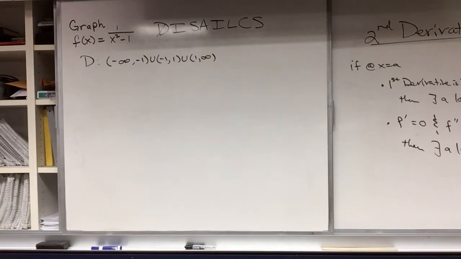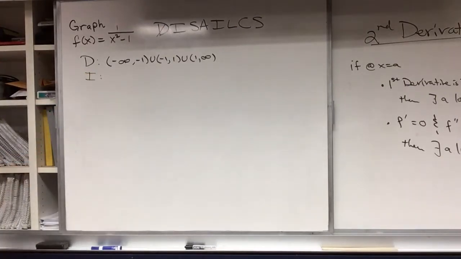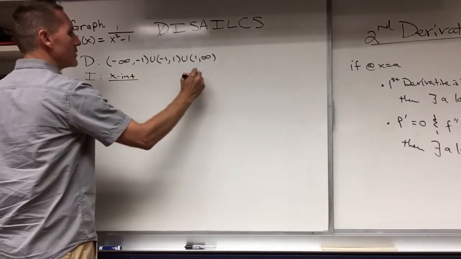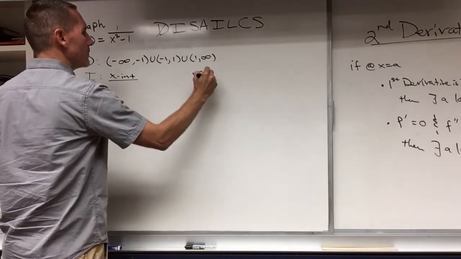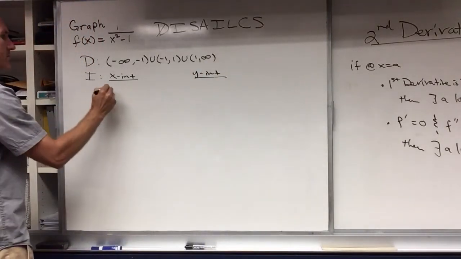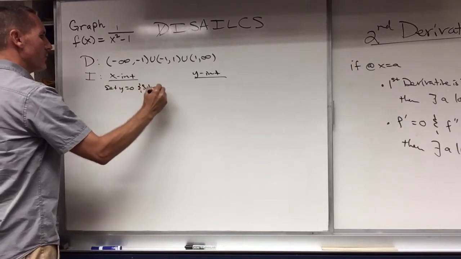The next thing we do is intercepts, right? So let's go ahead and write down the intercepts. Whenever we solve for the x-intercepts and then y-intercept, for the x-intercepts we set y equal to 0 and solve for x.